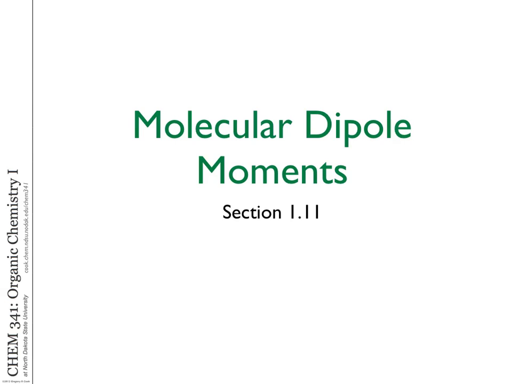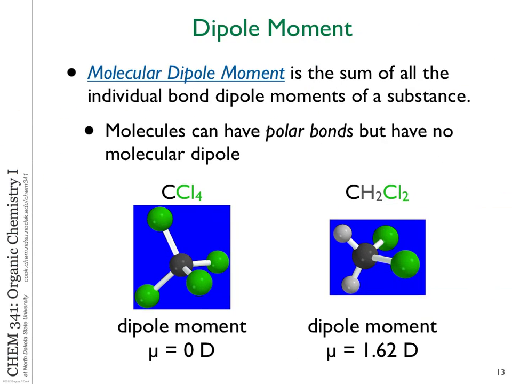That's the moment. So a dipole moment represents a separation of charge and the direction that the negative charge is going to. And we have that within individual bonds, but we also have that within whole molecules. Okay, so the molecular dipole moment is simply defined as the sum of all the individual bond dipoles in the substance that you're talking about.